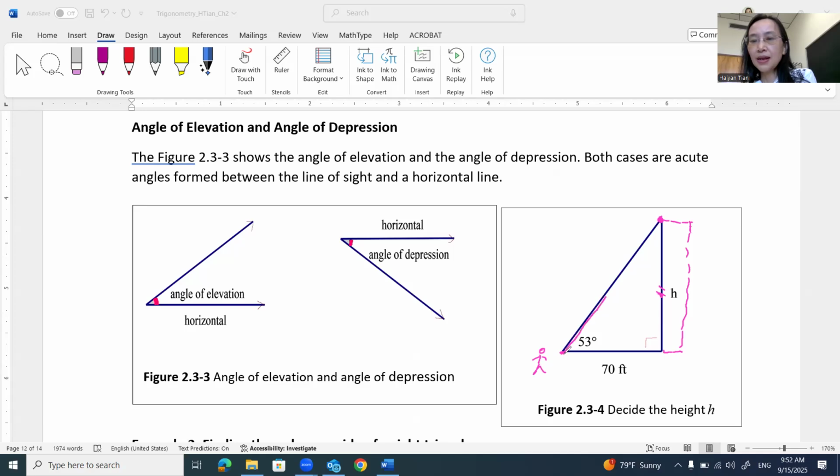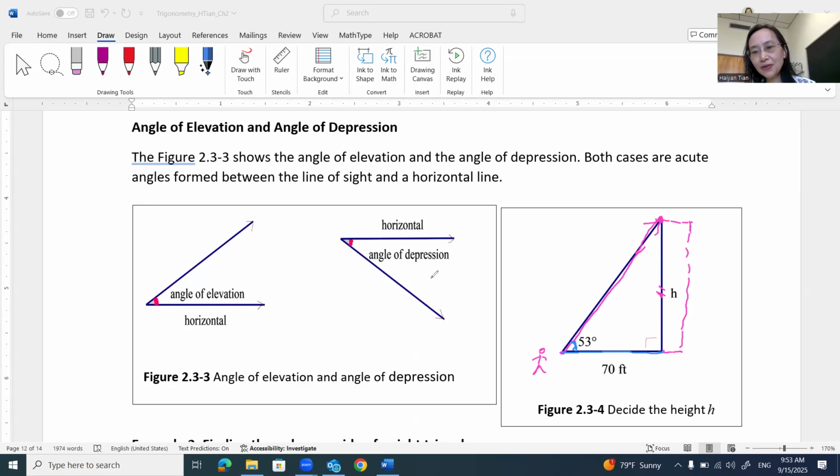So that's the line of sight, and here is the horizontal line. That's how far you are from the building, which is 70 feet away. And the acute angle formed by your line of sight and the horizontal line is 53 degrees.